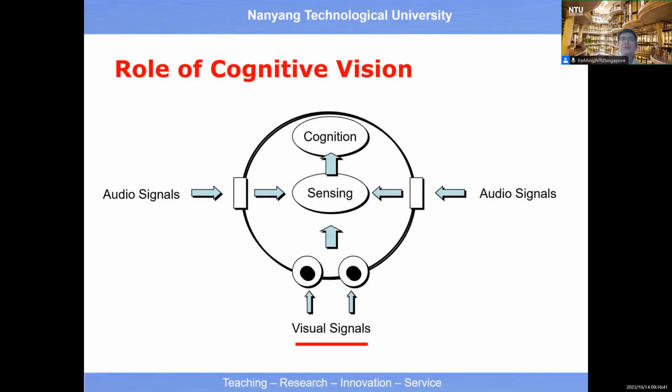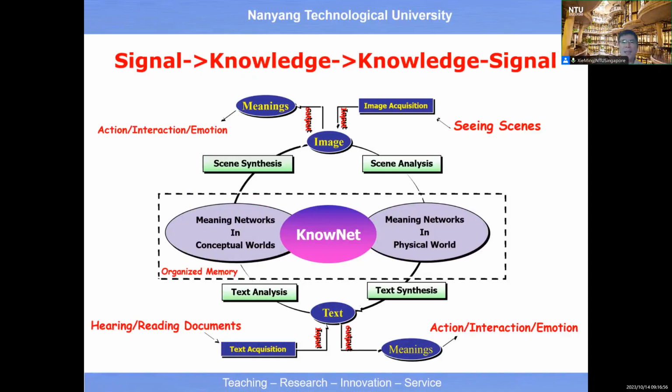Then through the use of a signal, our mental capability is able to transform a signal into a cognitive state of knowing the meaning inside the signal, right? And this slide basically highlights to you the detail about the transformation from visual signal all the way to the knowledge hidden or encoded inside the visual signal.